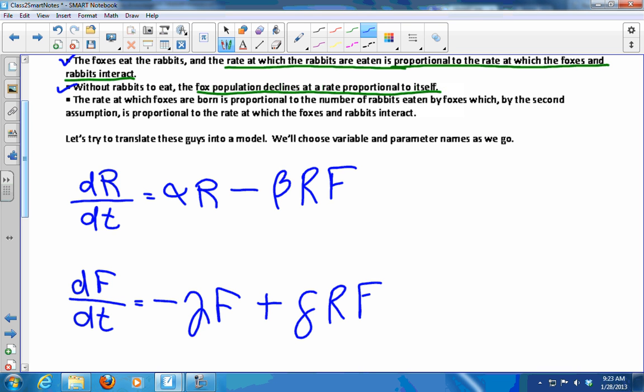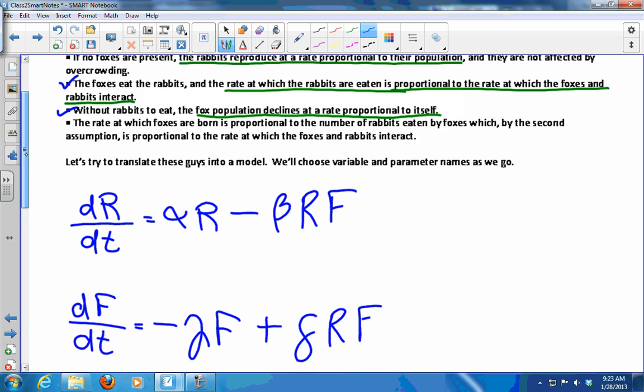Okay, assumption 2, without rabbits to eat, the fox population declines at a rate proportional to itself. So with no rabbits, if R is 0, then this term goes away, and I just get negative delta F, which is the fox population declining at a rate proportional to its population size.